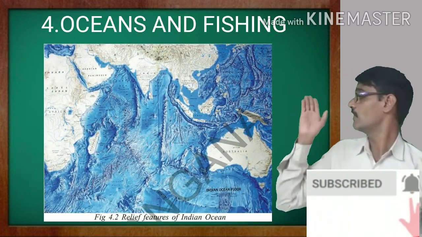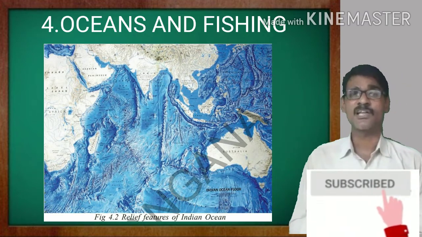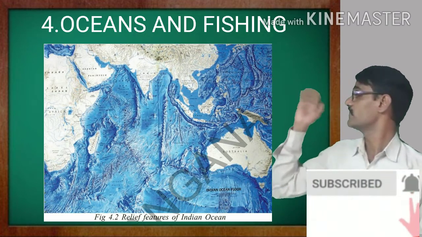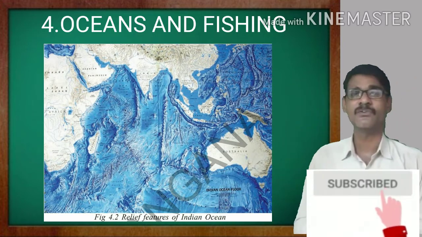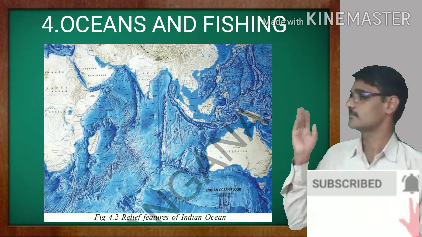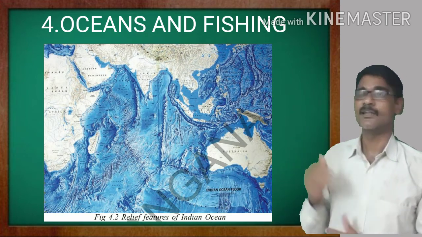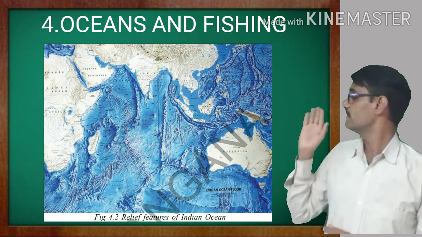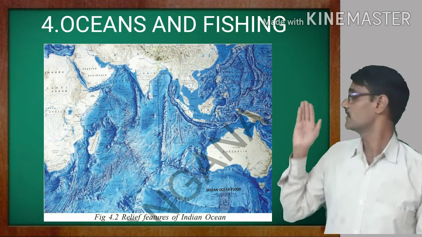And we have another picture, a figure. In that figure we can observe the ocean relief features surrounding India. We can see the relief features of the Indian Ocean, the Arabian Sea, the Bay of Bengal. This relief looks like mountains, hills, trenches and valleys.